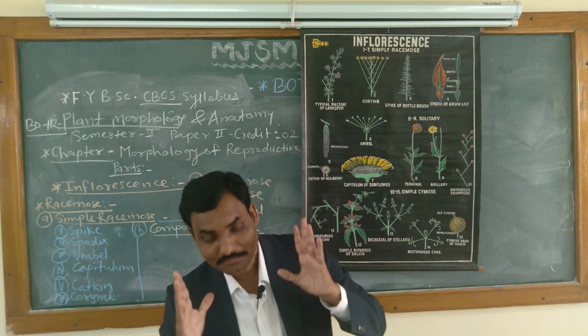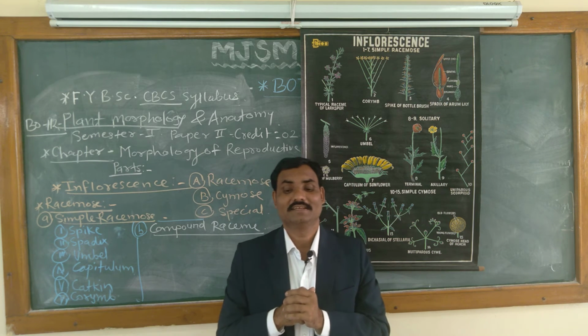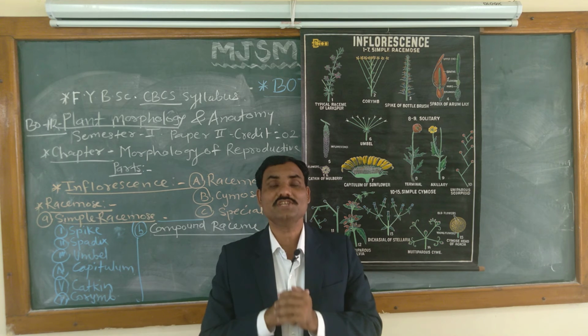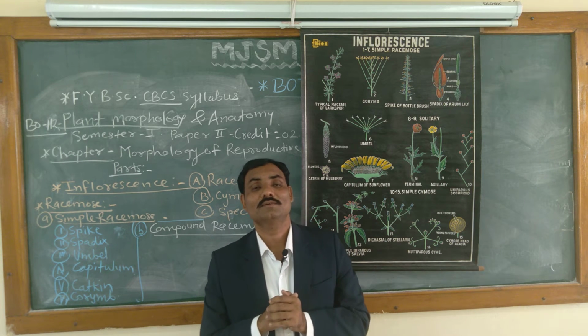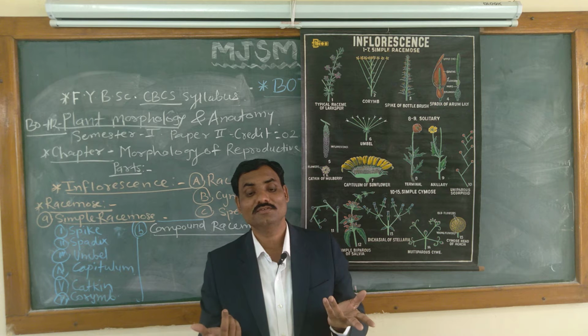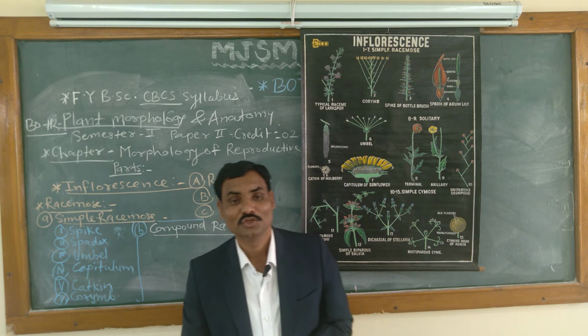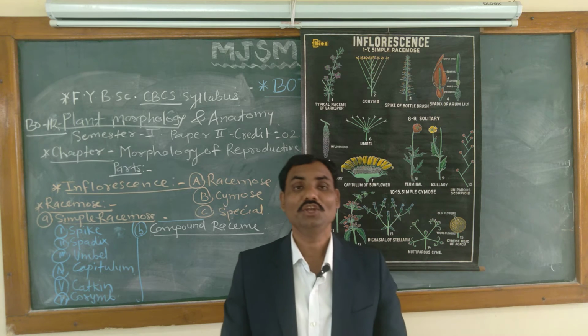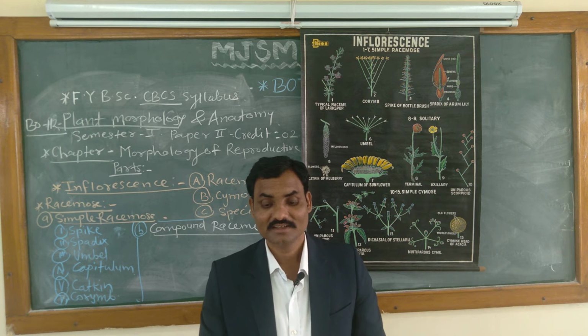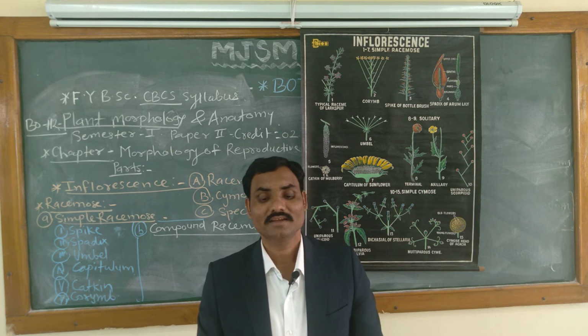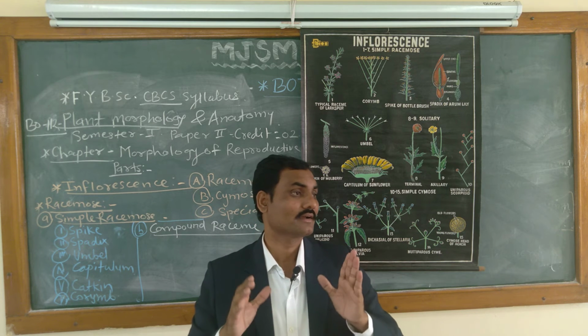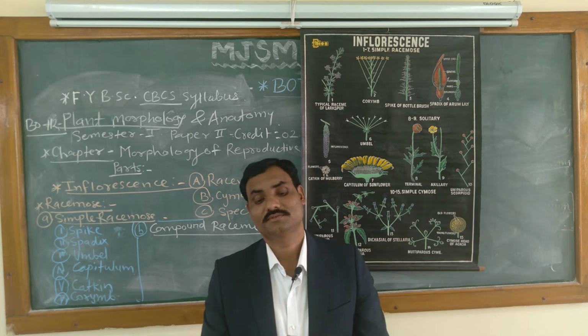The flowers are pedicellate, arranged in acropetal succession. Examples of compound raceme are Peltophorum, Yucca, Neem, Azadirachta indica, and Gulmohar.